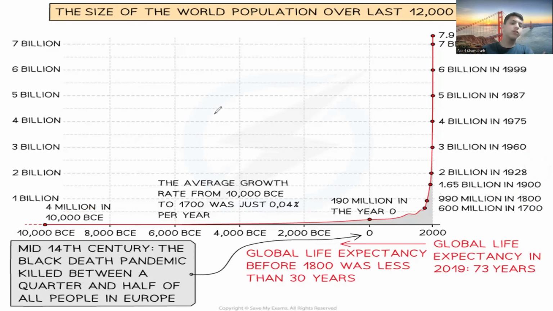Here's an important point. Here in the mid 14th century, the Black Death pandemic killed between a quarter and a half of the people in Europe. I mean, in the 14th century, I will take a lesson about it. Maybe I will make a presentation and discuss it, as it is very hard and it killed many people.